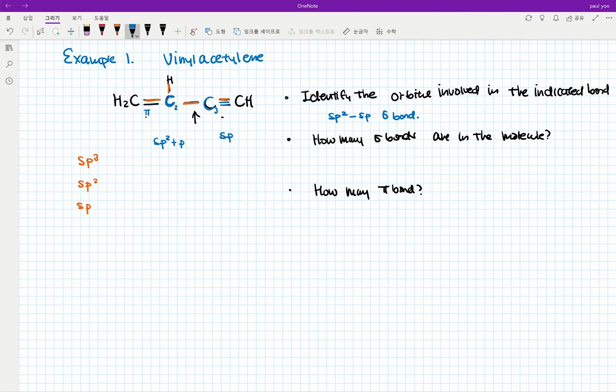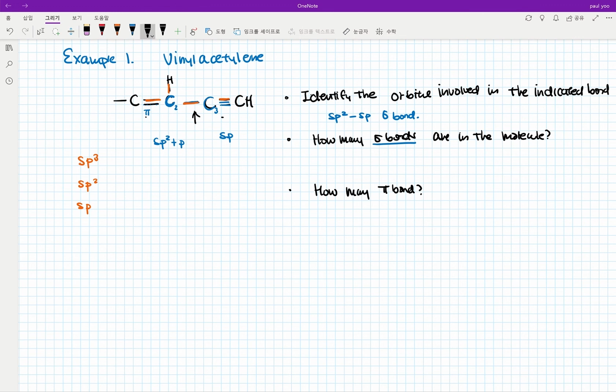How many pi or sigma bonds are in the molecule? The simplest way to count the number of sigma bonds is you simply count how many atoms there are and how many lines there are to connect them. So let's draw out the structure of this carbon.